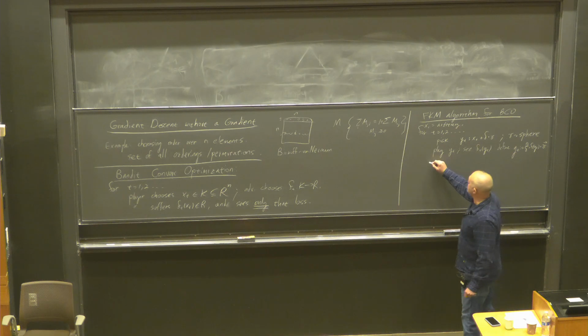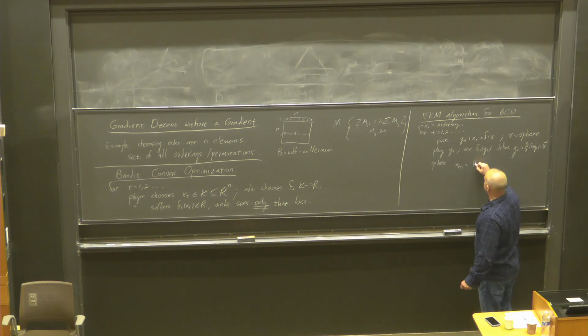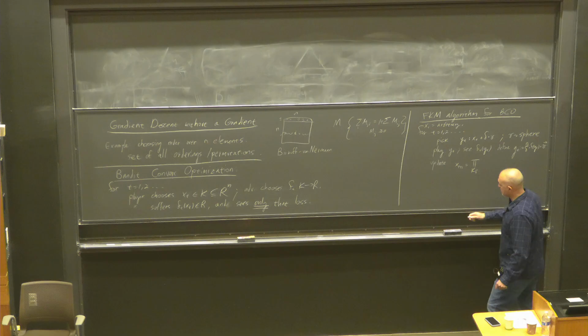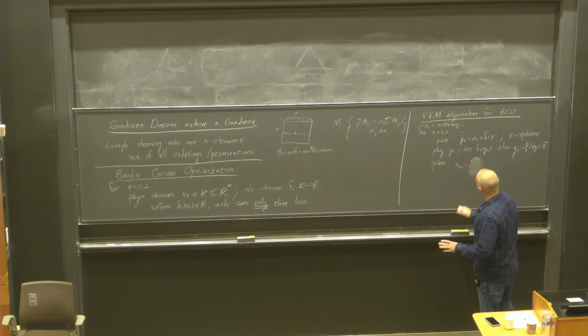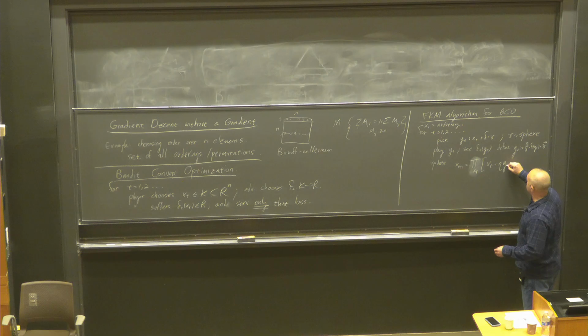And then I'm going to update xt plus 1 to be the projection onto K delta, which I'll define in a minute. Actually, let me define it now. So projection onto K delta of xt minus eta gt.